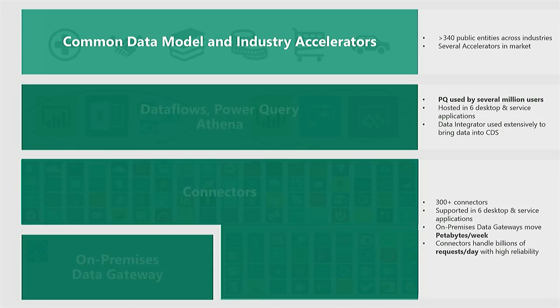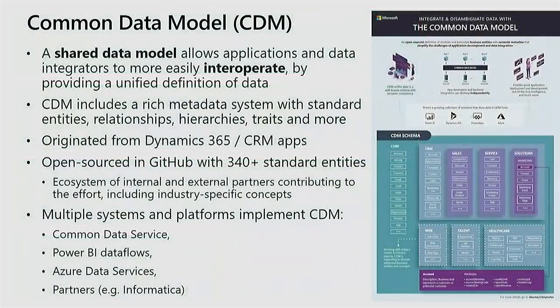So let's talk about common data model. Common data model is really our shared data model that provides meaning to data. What does that mean? I'll explain that in a second. I often use the analogy that I'm here, even though my native language is not English, communicating with you in English, because that's the shared model that we agreed on.